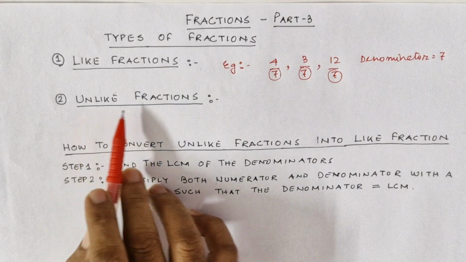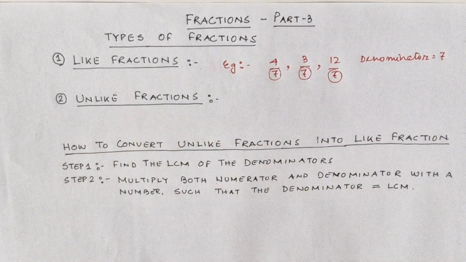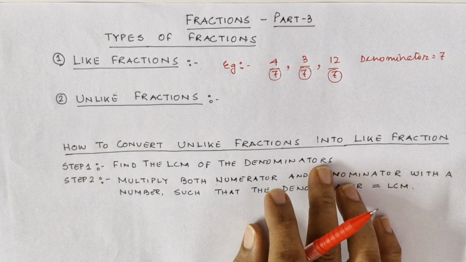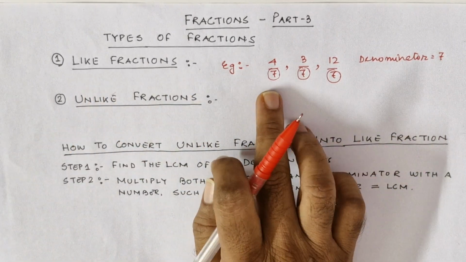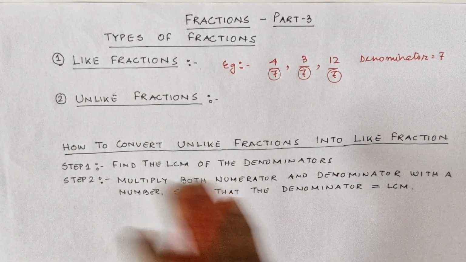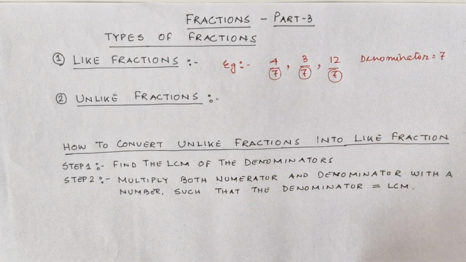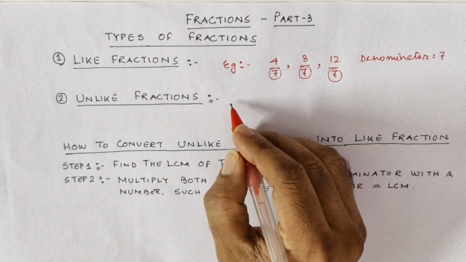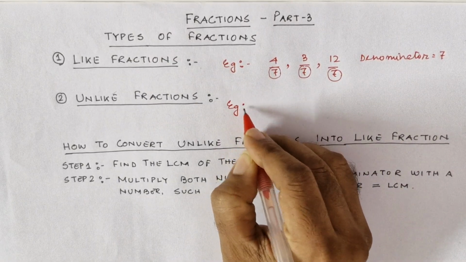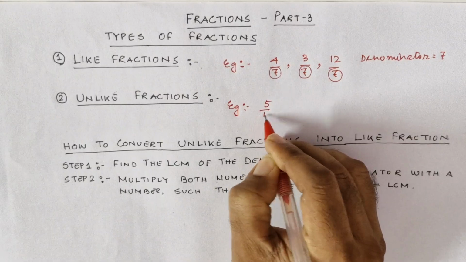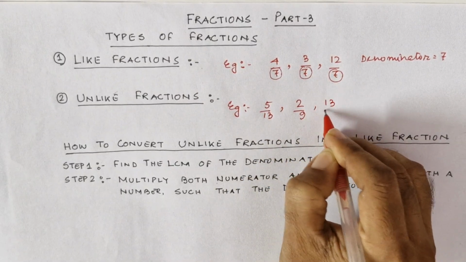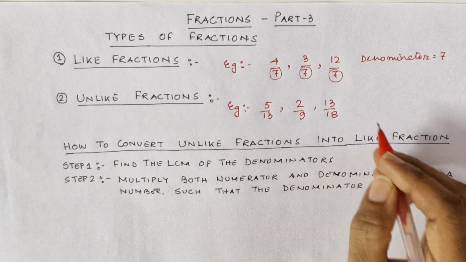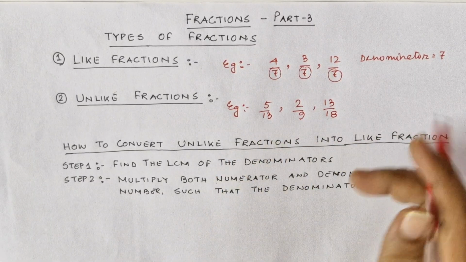Let's come to unlike fractions. Unlike fractions are those fractions that have different denominators. If like fractions have the same denominator, it is quite obvious that unlike fractions would have different denominators. So we'll take a few examples. 5 by 13, 2 by 9 and 13 by 18, these are all fractions, but they are unlike fractions.